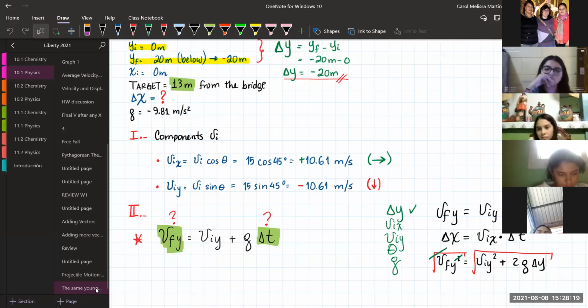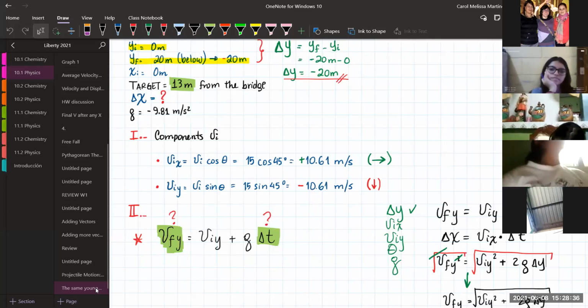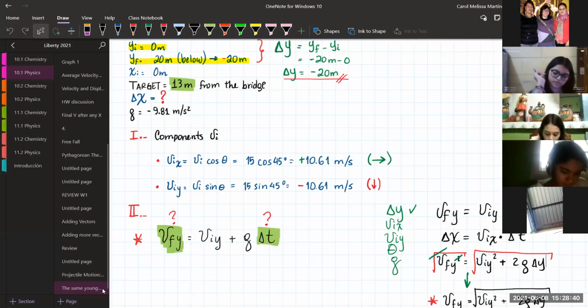So in the end, the equation already isolated is going to be this one. It's not going to change. If you can, add this equation already isolated and keep it with you.